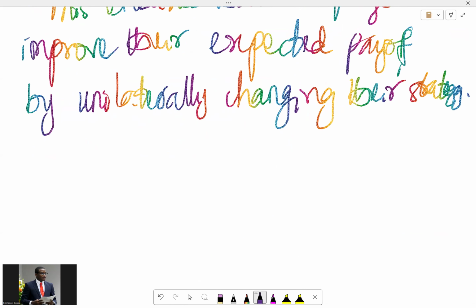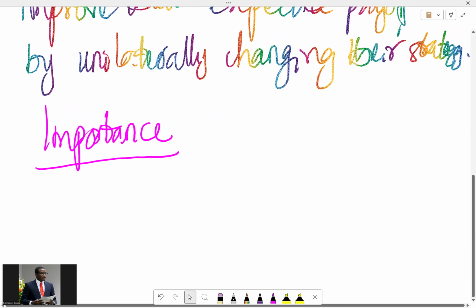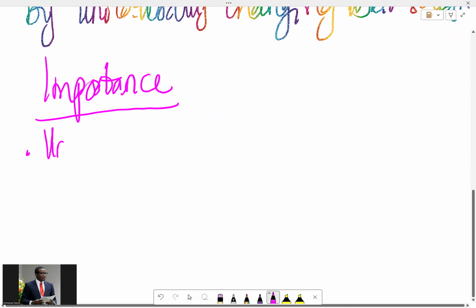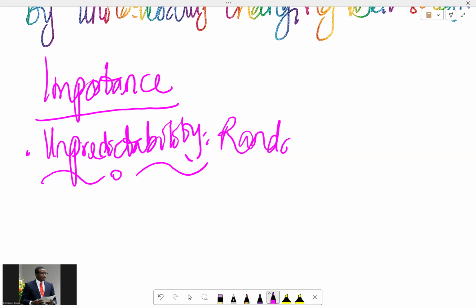So this takes us to the importance of the mixed strategy Nash equilibrium. In this case, we have a measure of unpredictability, because it's a mixed strategy. Here we talk about randomizing.